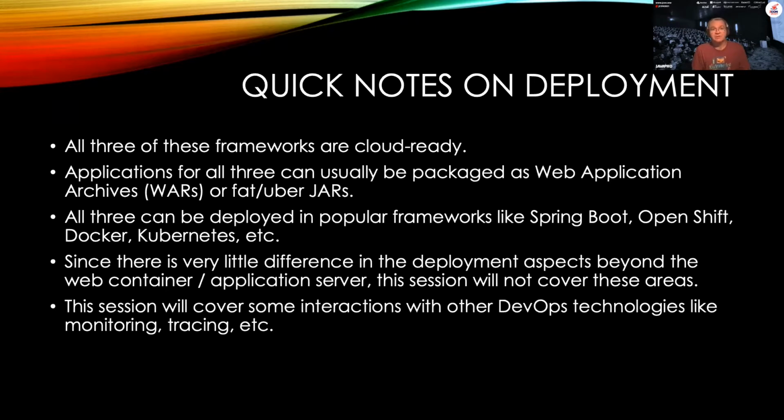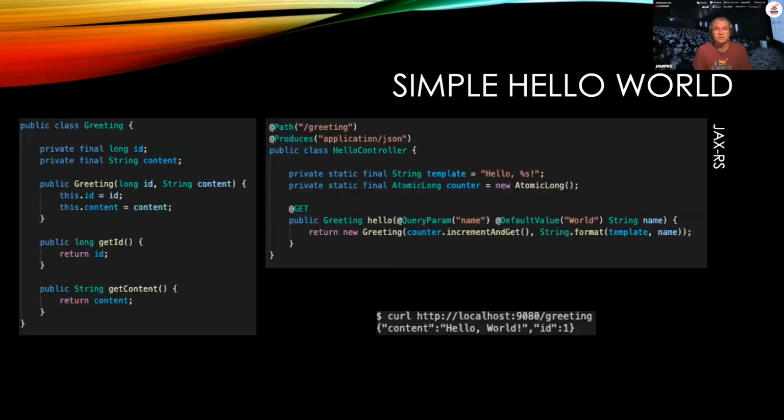All applications can be packaged as WARs, as web application archives, or as Über jars. All can be deployed in things like Spring Boot, OpenShift, Docker. So again, since there's very little difference in how you would deploy these things, I'm probably not going to cover a lot of that in this session. If you have questions on it, though, I'll be happy to talk about that when we get to the end.